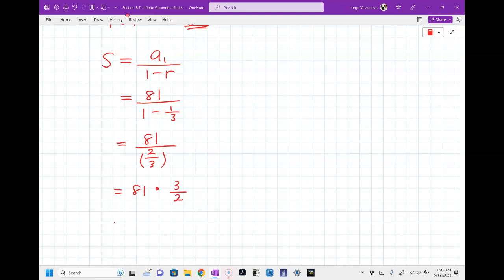So what do I get here? It's not going to go evenly. 3 times 81, that's 243. So 243 over 2. That's my answer. 243 over 2. I don't know what that is exactly, but 121.5. Okay. But I'm okay with the fraction answer. You don't need to write it exactly.